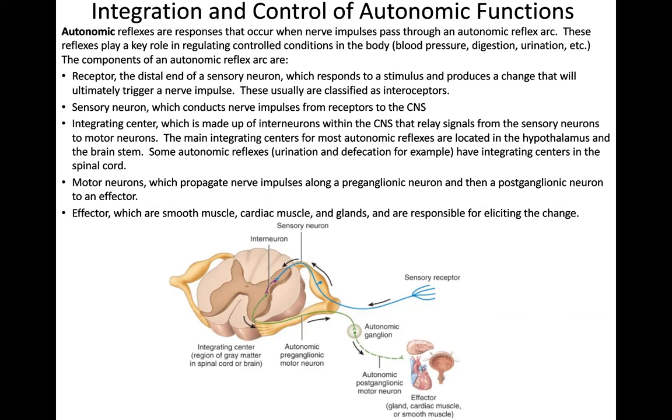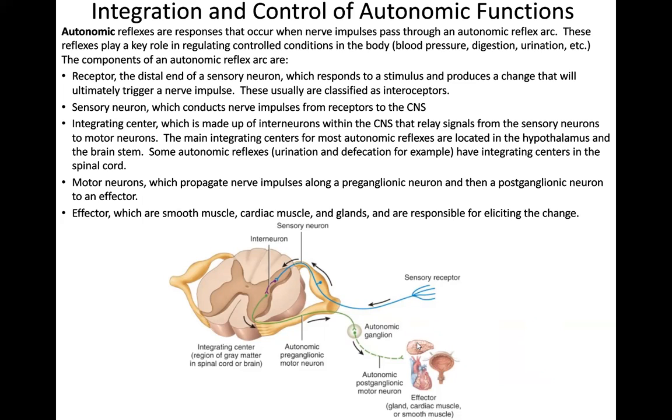Flexor withdrawal reflex, like when the guy stepped on a tack. Those were all described as somatic reflexes. Somatic reflexes involve skeletal muscle because that's what the somatic nervous system controls. Well, autonomic reflexes control your cardiac muscle, your smooth muscle, and your glands.